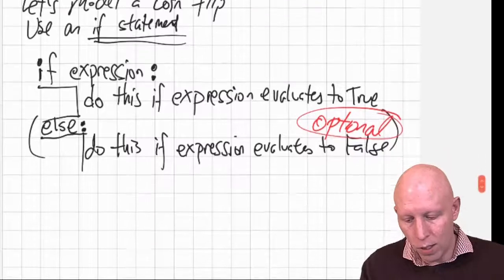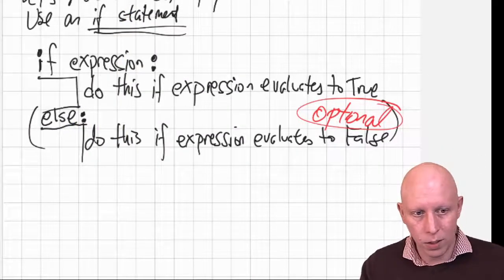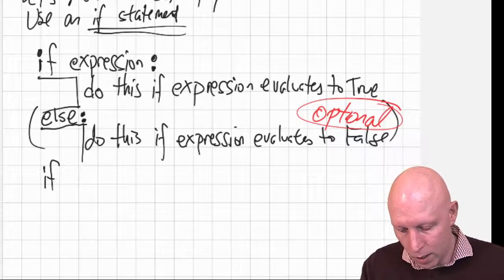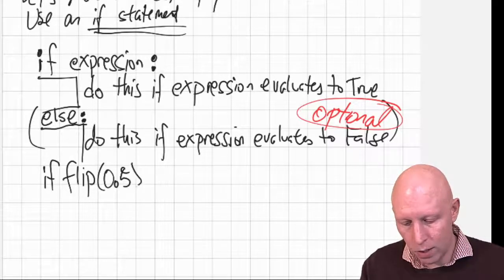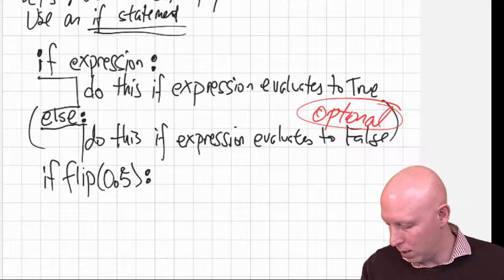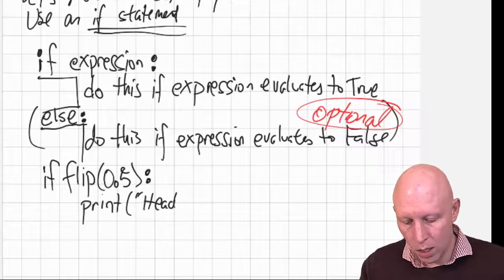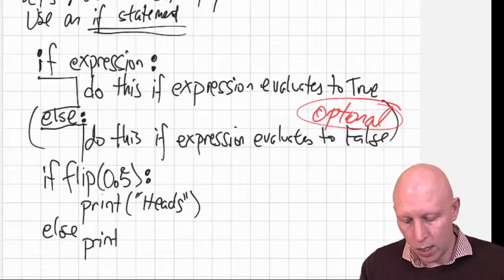All right, so if we're modeling a coin flip, then what we can do is say: if flip of 0.5 colon, print heads, else print tails.